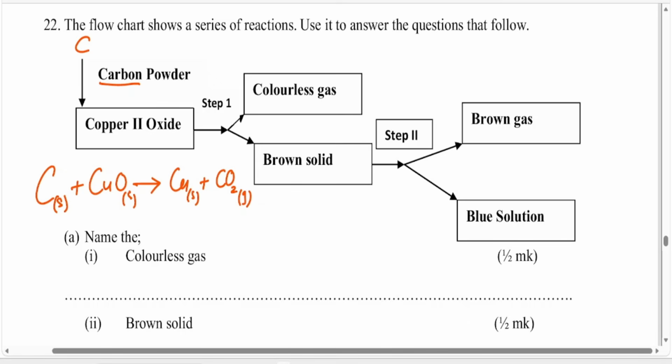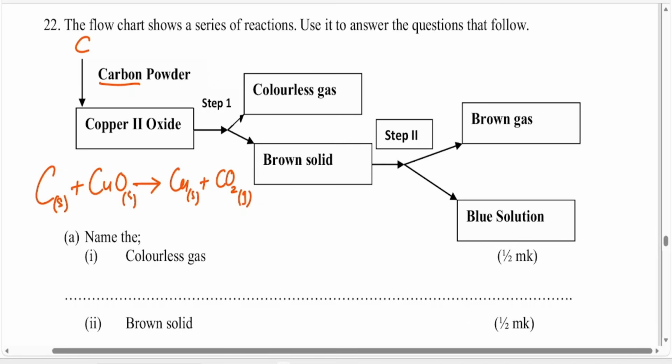After the brown solid is formed, we move to step 2, where a brown gas is formed and a blue solution is also formed. If you remember during preparation of nitrogen oxide gas, copper reacts with strong oxidizing agents like concentrated nitric 5 acid.